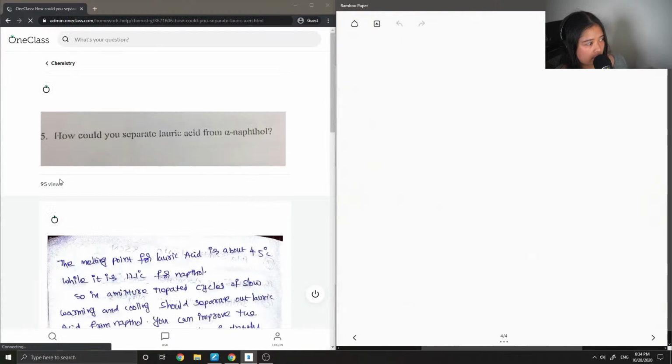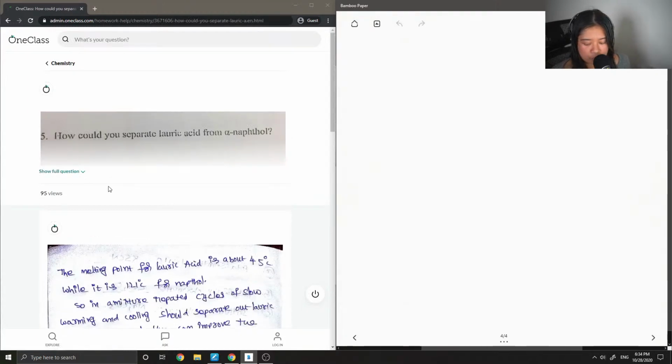Okay, so moving on to question number 4. How could you separate lauric acid from alpha naphthol?